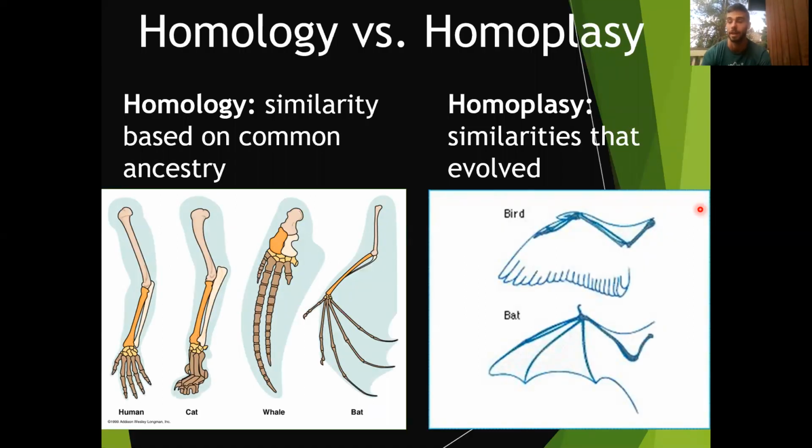Part of the reason why phenetics is a little bit misconstrued or misleading, excuse me, is because of something called homology versus homoplasy. So homology is you have a trait that is really similar because of your shared common ancestry. So all mammals, horses, elephants, cats, dogs, pigs, bats, all have 5 digits or 5 fingers in their bones because we all have a shared ancestor way down the line.